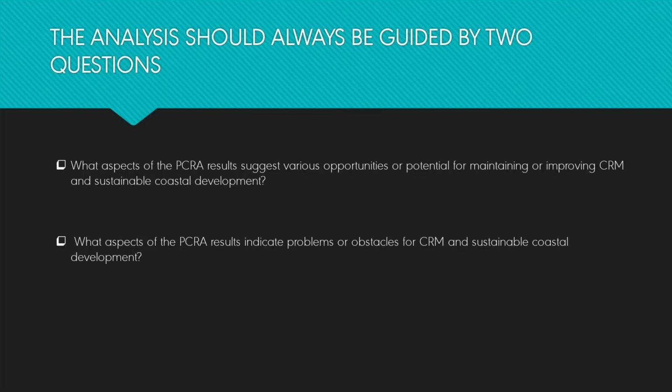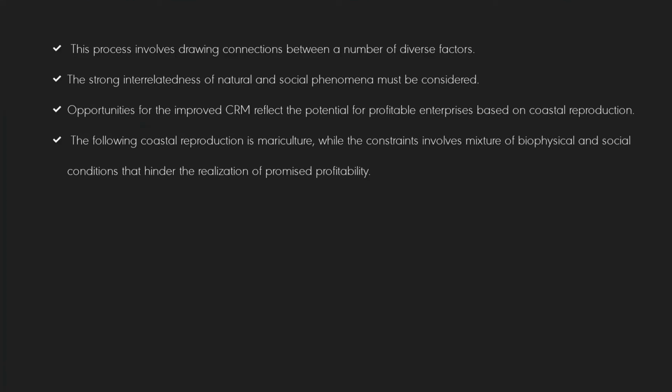First, what aspect of the PCRA results suggests various opportunities or potential for maintaining or improving CRM and sustainable coastal development? Second, what aspects of the PCRA results indicate problems or obstacles for CRM and sustainable coastal development?